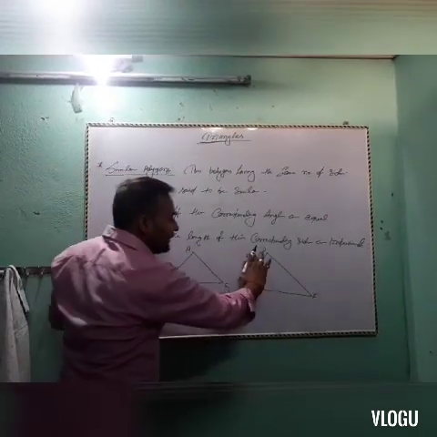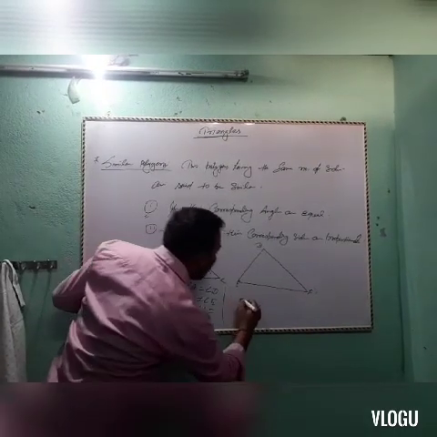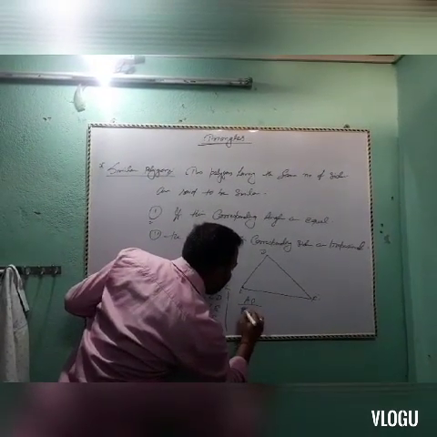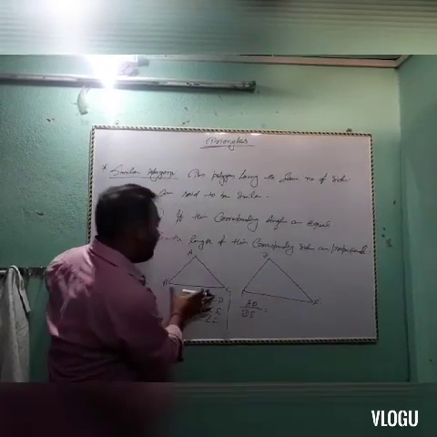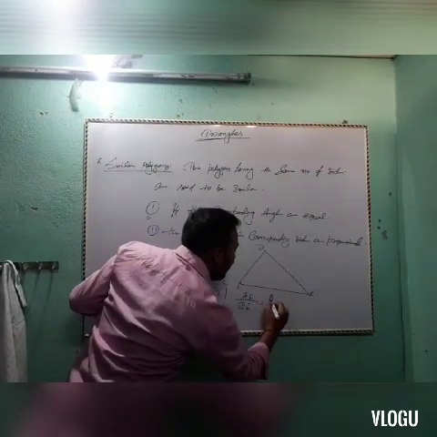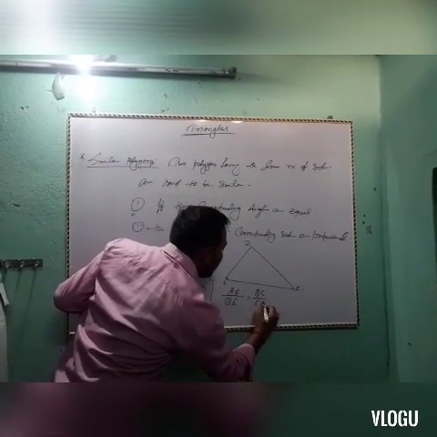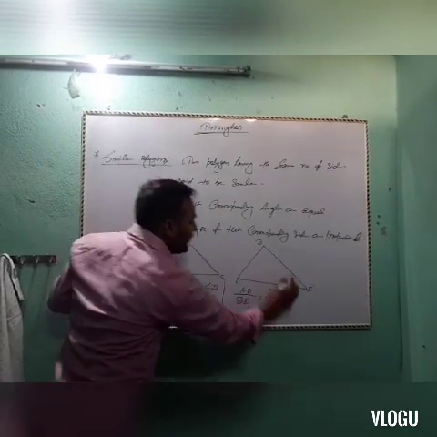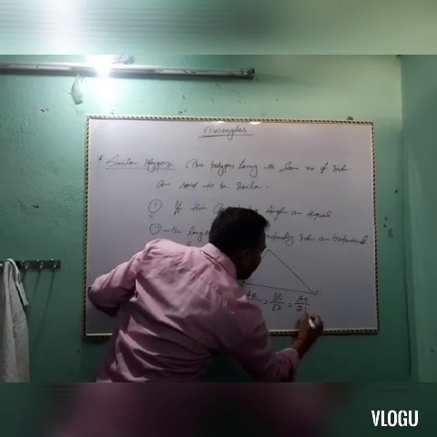AB and DE are the corresponding sides. So AB by DE equals BC by EF, BC by EF equals AC by DF.